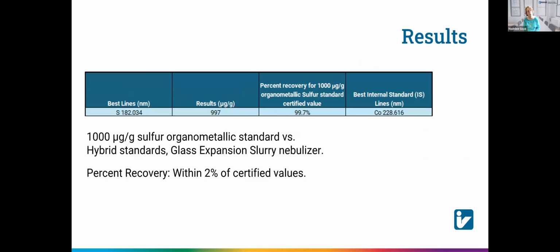This slide here shows the results of testing the single element 1,000 ppm sulfur organometallic standard versus our hybrid standards. And the result here for the sulfur 182 line was within 0.3% of the certified value of that organometallic sulfur standard.